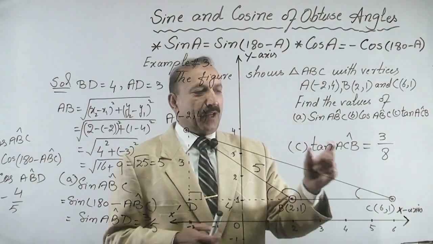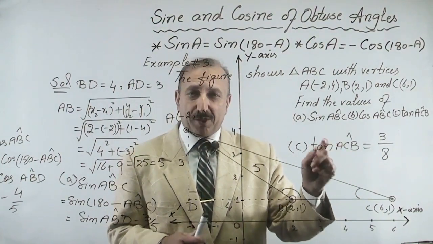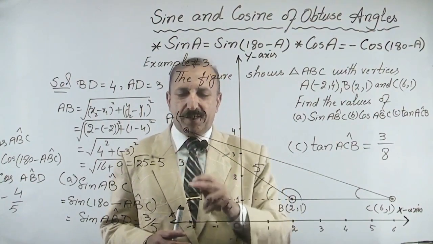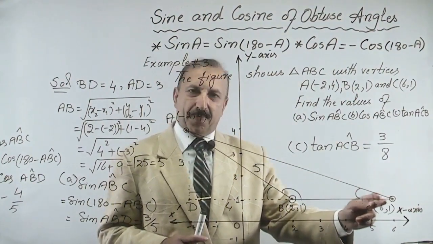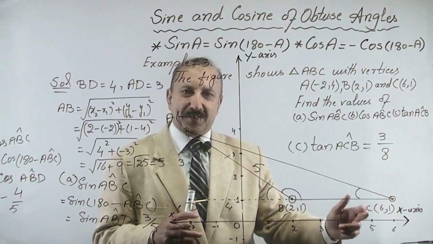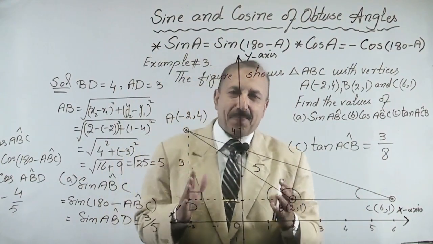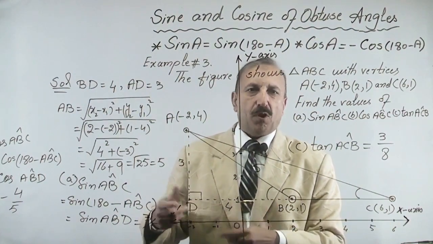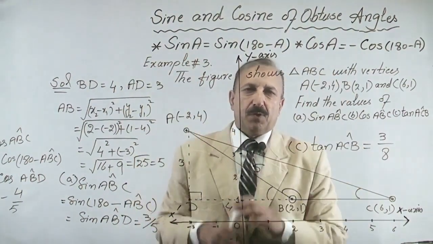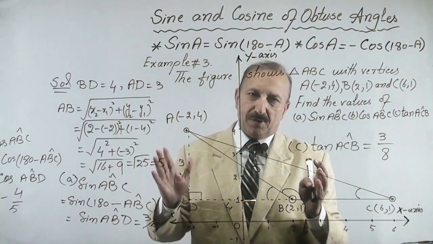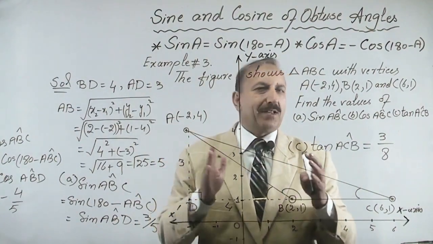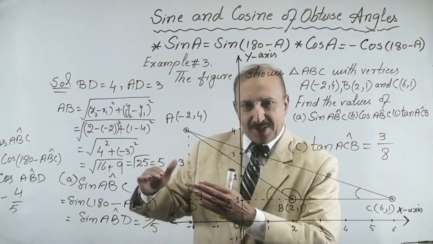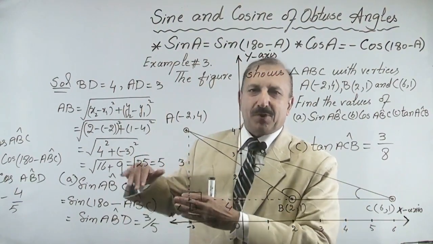So the value of the trigonometric ratio tangent we will write directly from triangle ADC: opposite over adjacent. So my dear students, here I tried to explain the use of these two formulas of acute and obtuse angles for sine and cosine trigonometric ratios, and they are used in different types of situations.